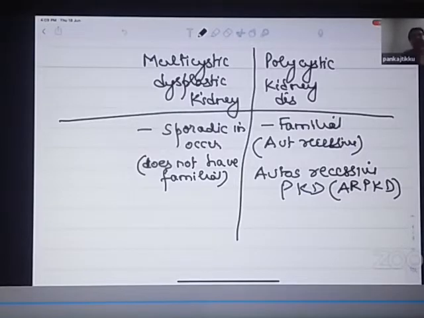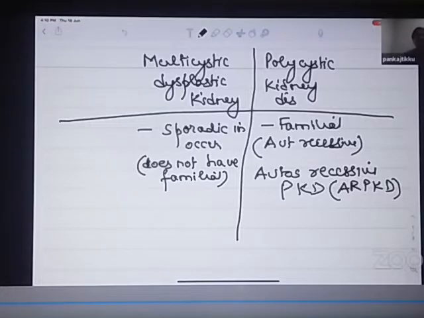If someone says the adult is suffering from an adult type of polycystic kidney disease, then this is autosomal dominant. So I'll repeat again. If someone says this child is suffering from an infantile polycystic kidney disease, this means this is autosomal recessive.